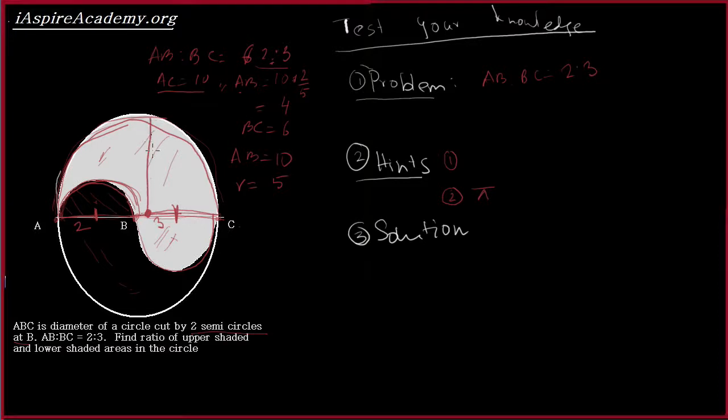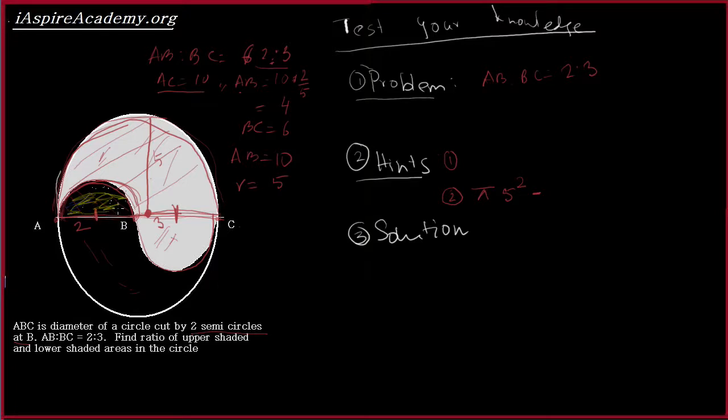So pi 5 square, minus, let me draw it in a different color, the smaller semicircle.